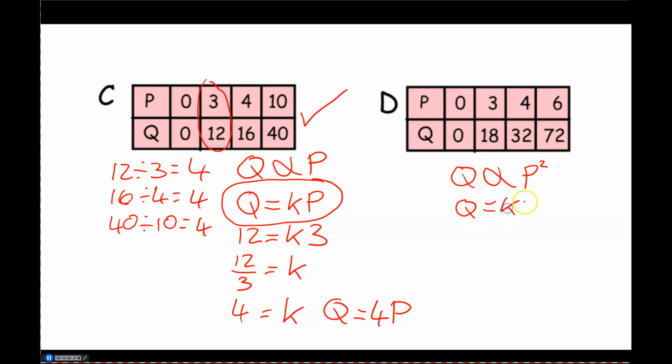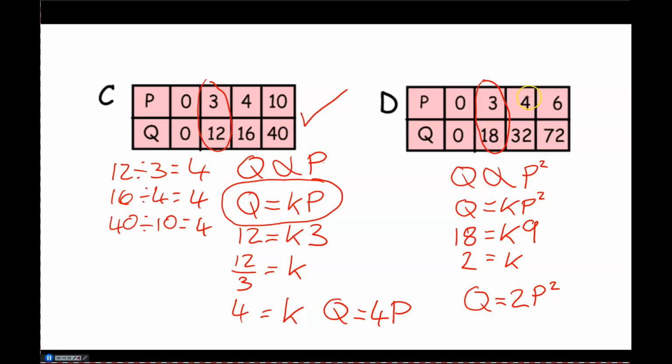Still have our constant of proportionality, except now when we put our values in, we put 18. So I'm going to use these ones here. 18 is equal to our multiplier times P squared, which is 9. So actually K is 18 divided by 9, which is 2. So our equation linking them, our formula, sorry, that's what we've been asked for, Q is equal to 2P squared.